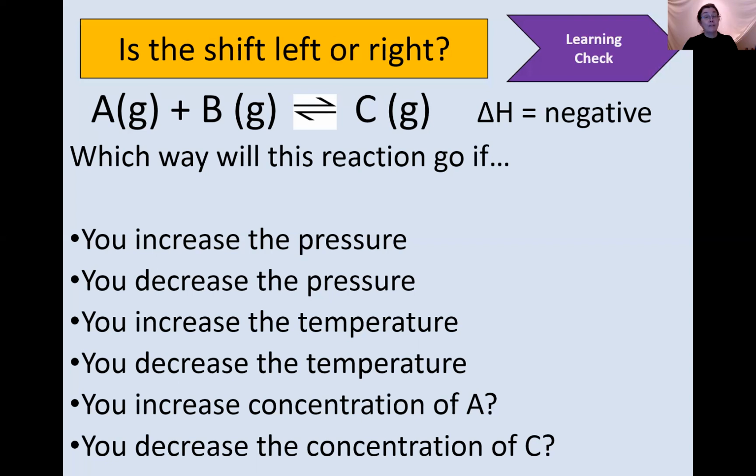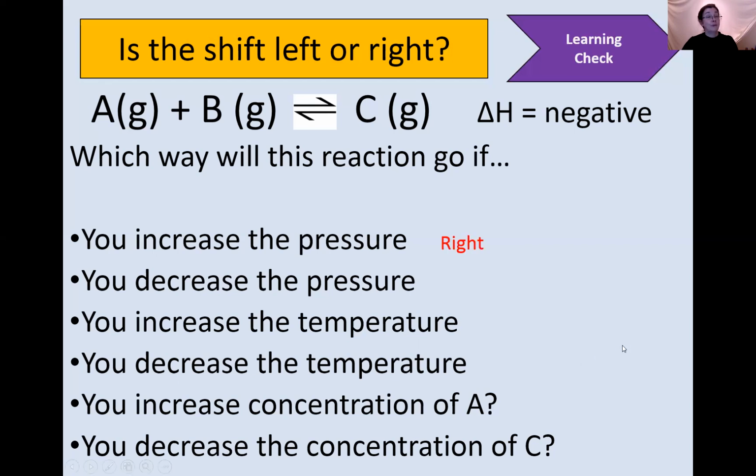Will it go to the left or to the right? And finally, what if you decrease the concentration of C? Will it go to the left or to the right? You may just want to pause the video here and check your answers. And now we'll go through them.